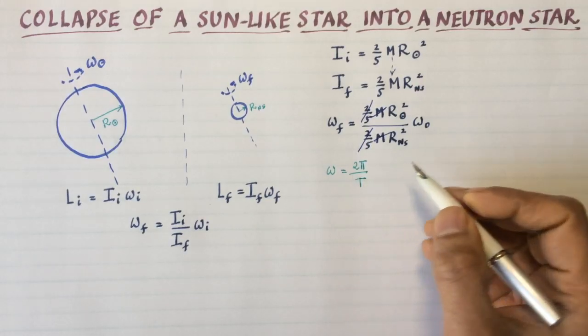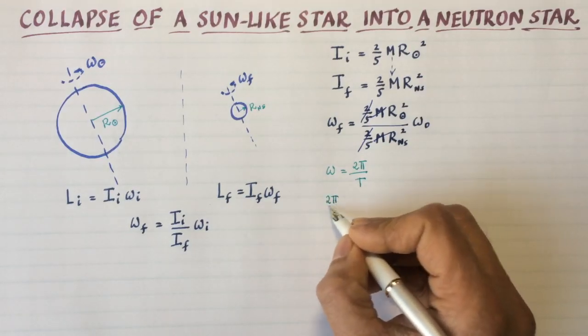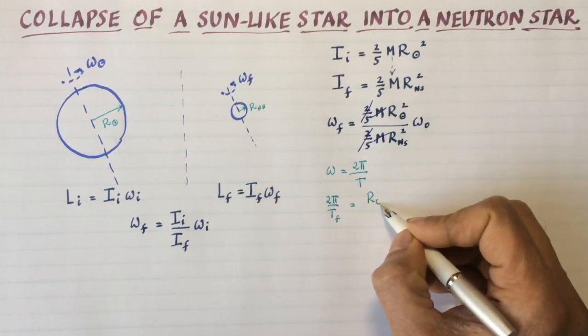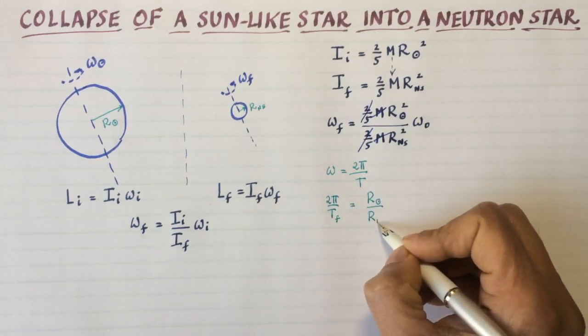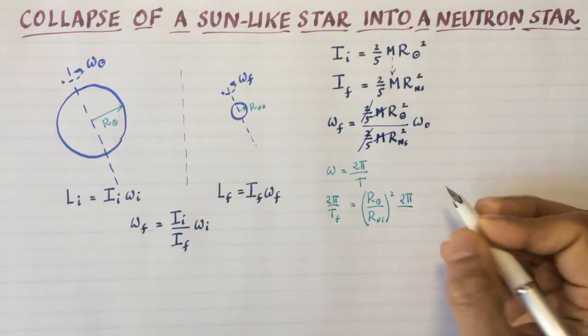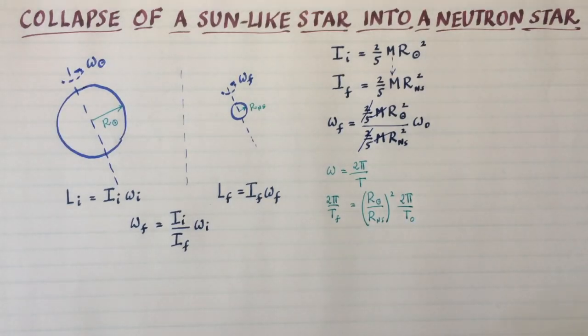So let's write this whole thing in terms of the period instead. I'm going to get 2 pi over T final is equal to R_sun divided by R_neutron star, squared, times 2 pi over the initial time T naught.